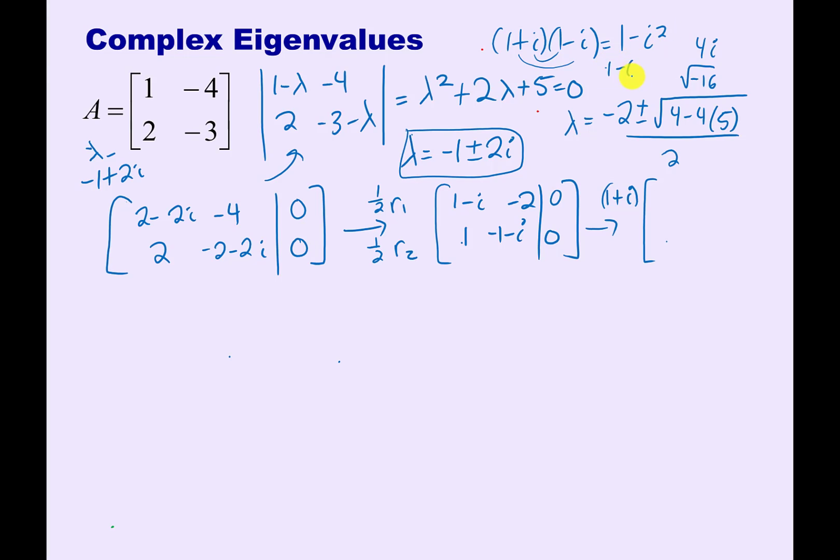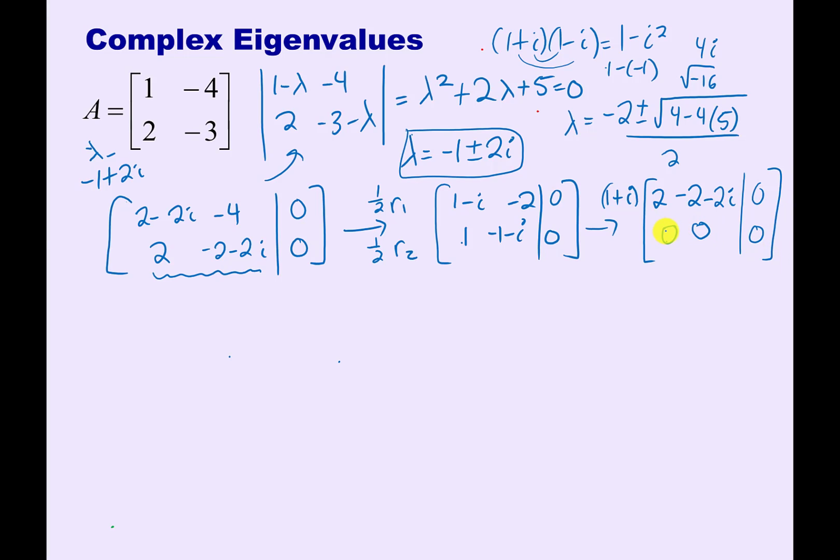But we know i squared is a negative 1, so this becomes 2. And then in the next, if we multiply the second element by it, we would have negative 2 minus 2i. And you can see that was exactly what we had before we reduced it by 2 in the first. So you can see if we did negative 2 times that added to the other one, it would zero out the other row. So there is a dependency.